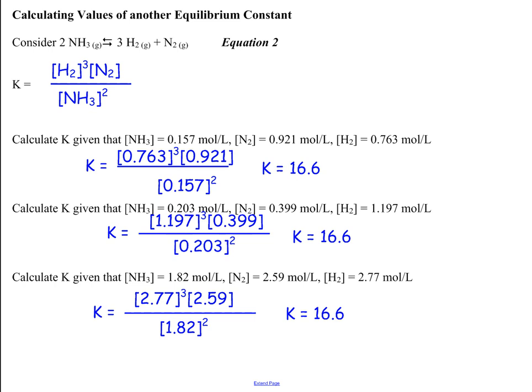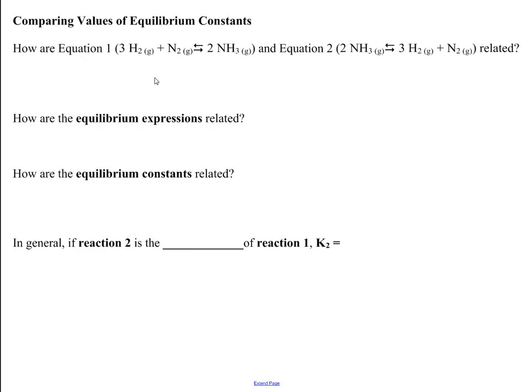So I gave you two equations with two equilibrium constants, and they kind of look related to each other. So let's compare them. Equation 1 is the reverse of equation 2.